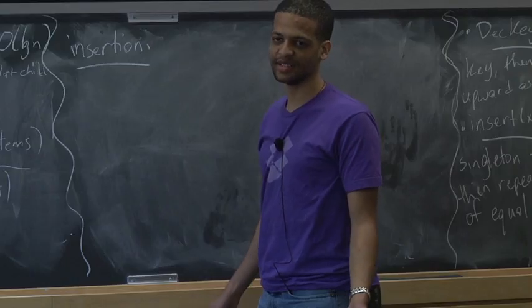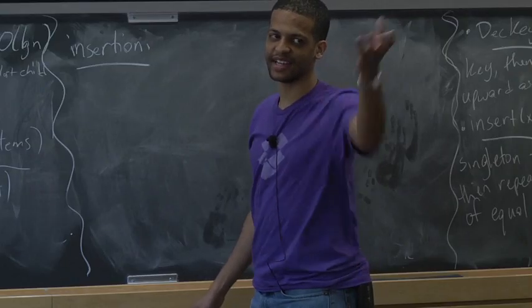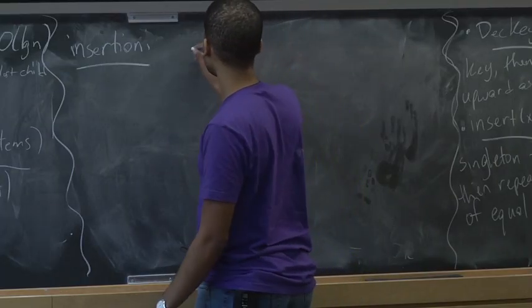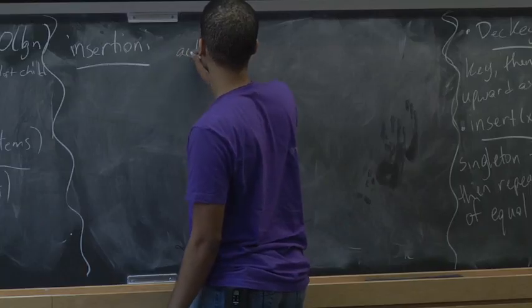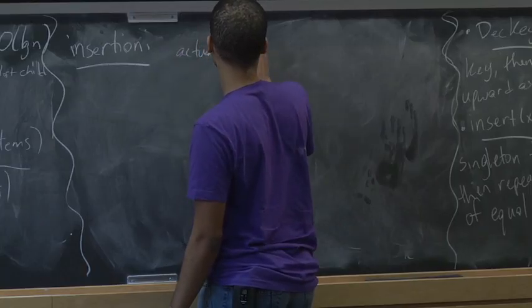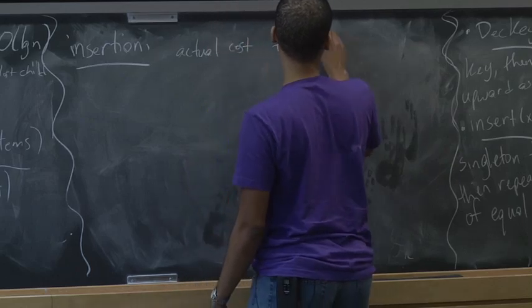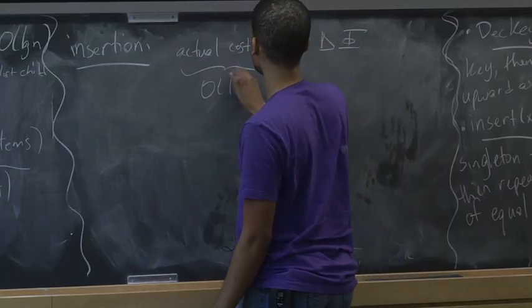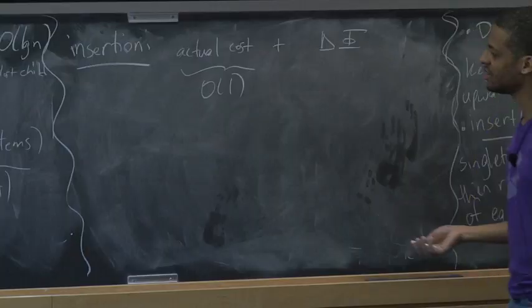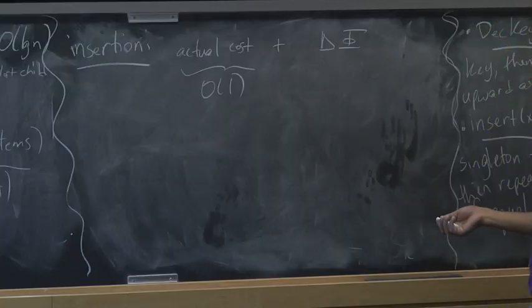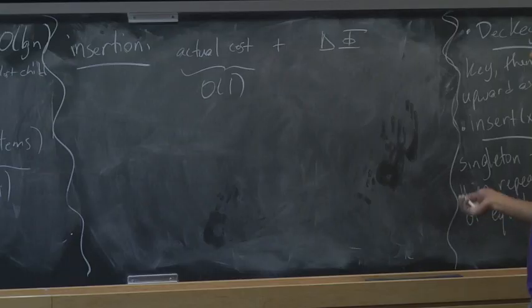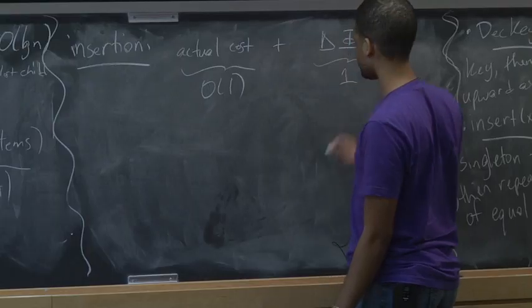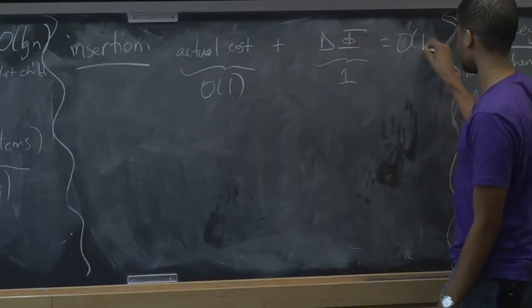We're being super lazy here. We're just adding it to the top level linked list. So the actual cost plus the difference in potentials. The actual cost is a constant. And the difference in potential, well, we have one more tree. The number of marked items hasn't changed. So this is 1. So this whole thing is a constant.